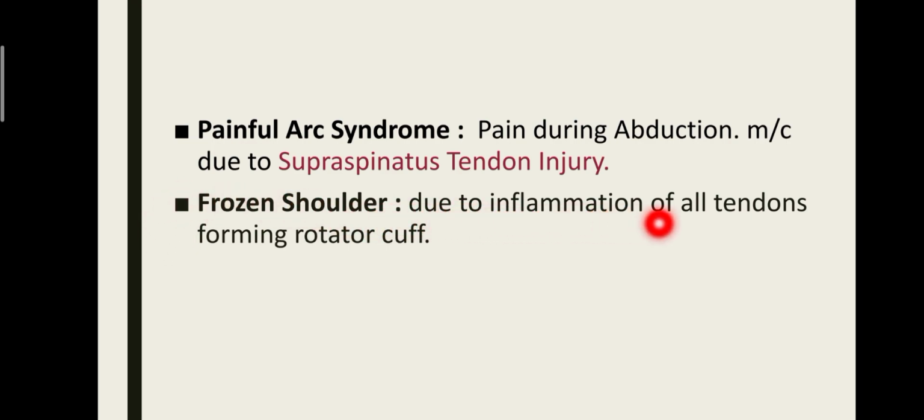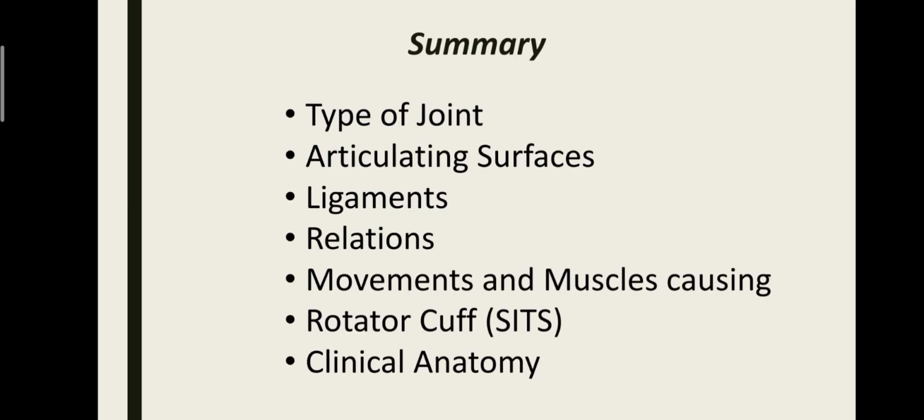It is due to inflammation of all the tendons forming the rotator cuff. See, painful arc syndrome is basically a rotator cuff injury. Okay, because we saw the most common rotator cuff injury is because of injury to the supraspinatus tendon, right? So you can also write this for your rotator cuff if it is asked in a 5-mark question. So these three are your clinical anatomy for the shoulder joint.